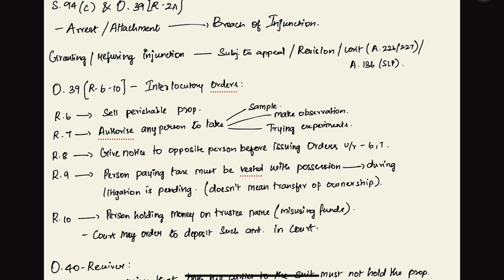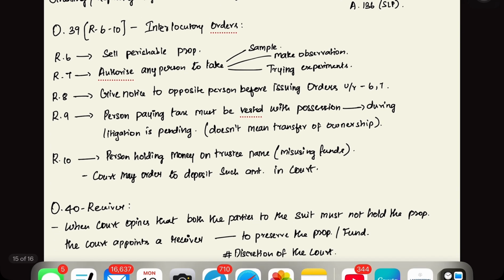The court cannot have such property for longer periods. So the court may order for selling such perishable property. And according to Rule 7, the court may also authorize any person to take samples or make observations, or try to make any experiments for that person's purpose. Interlocutory orders can be granted by the court.